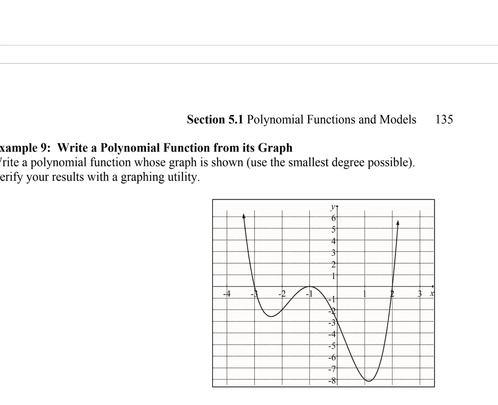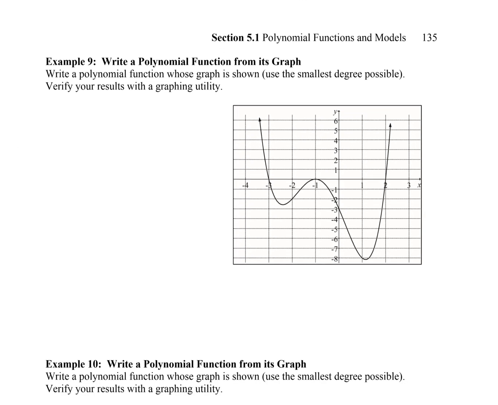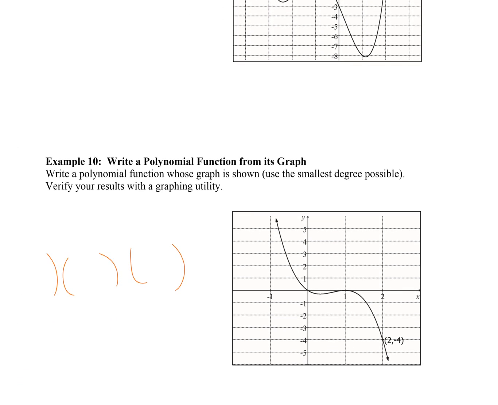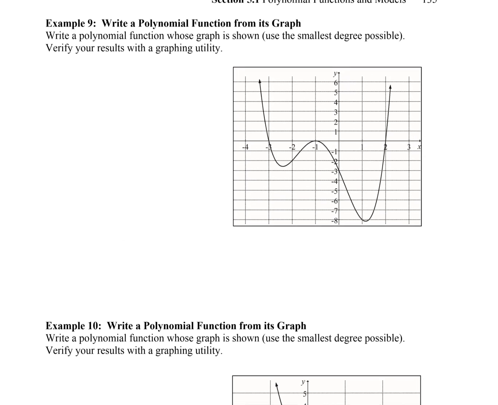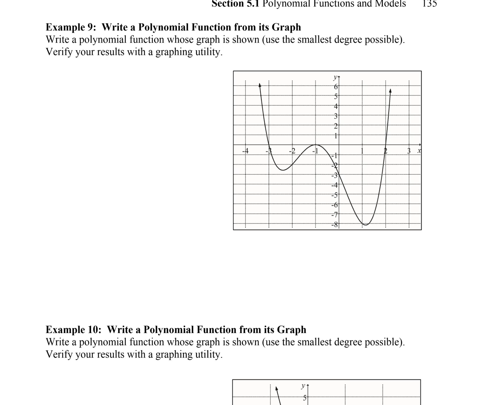So, examples 9 and 10 are asking us to find out what equation you could have for this picture you have in front of us. So I want you guys to learn just the strategy. It's really simple. We're not going to verify with the graphing utility. We're just going to know what the answer is.